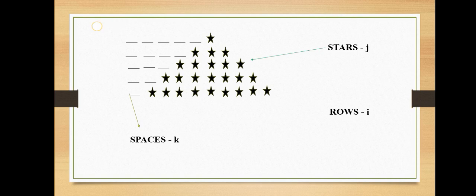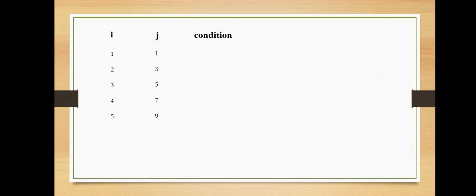Let us see how you can write the condition. In a previous video, for the previous pattern, the condition was j less than or equals to the I value. But here, the j values are odd numbers and the I values are normal numbers. Let us see the condition I am using. I am just using the condition 2 into I minus 1.